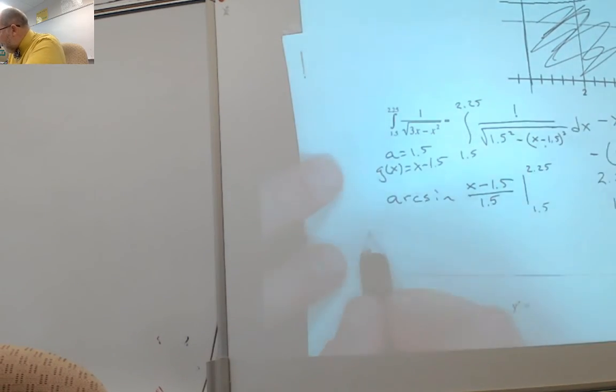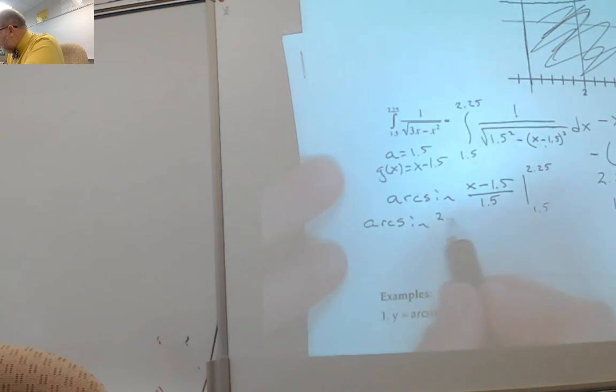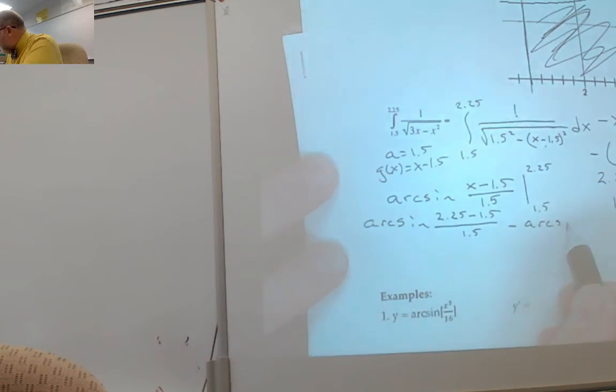So now I have the arc sine of 2.25 minus 1.5 over 1.5, because that's the antiderivative, minus the arc sine of 1.5 minus 1.5 divided by 1.5.